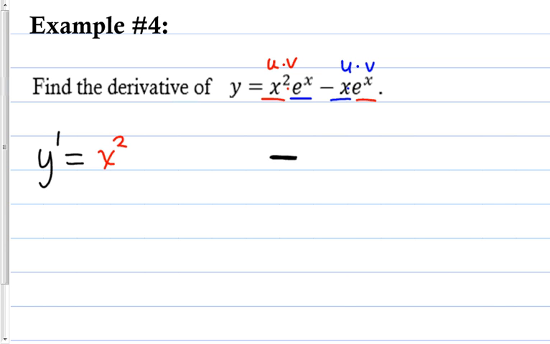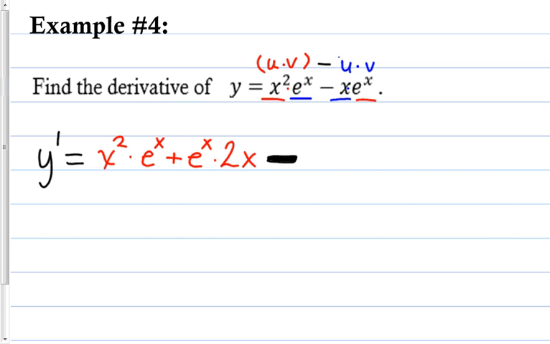So derive it. Oh, e to the x is e to the x. Gotta love it. Plus v, which is e to the x, times u prime. So that's 2x. So there's all of this here. Now minus, right? There's my minus right here in the middle. That's where I got my minus from. Right? Nice big fat minus.